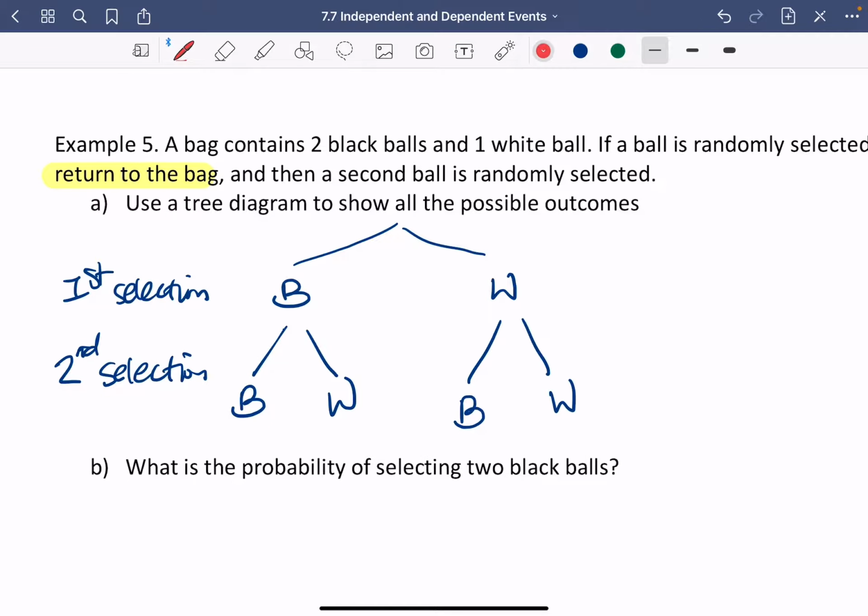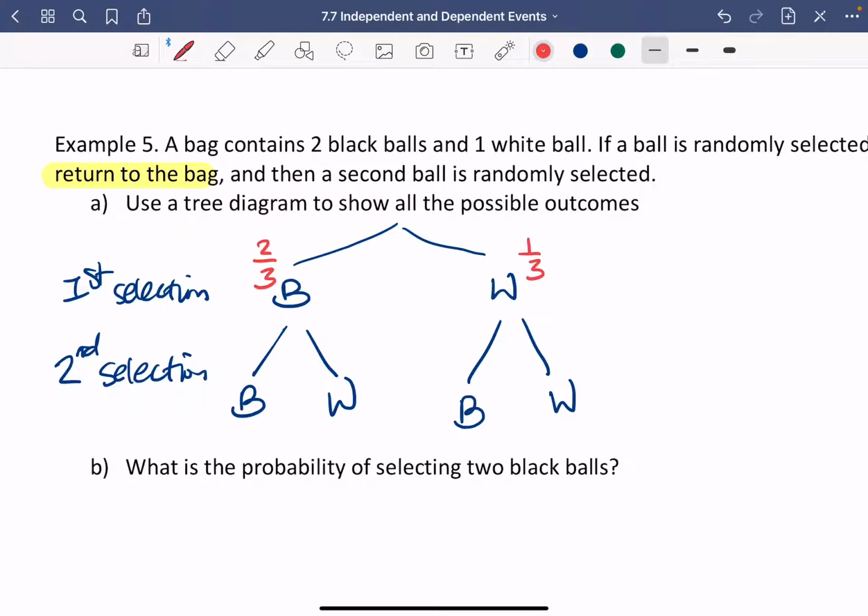So the chance of getting a black ball in the first selection is 2 out of 3 because you have 2 black balls out of a total of 3 balls. And the chance of getting a white ball is 1 over 3. Okay?